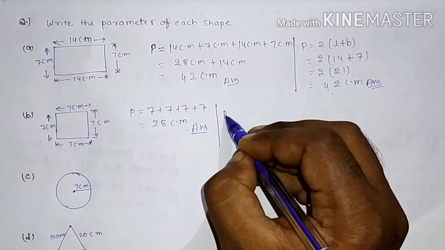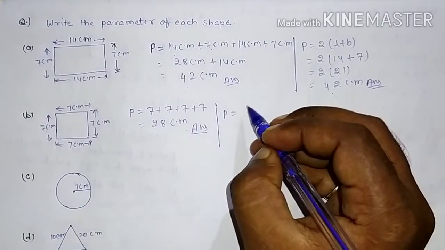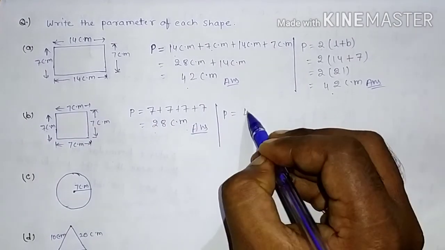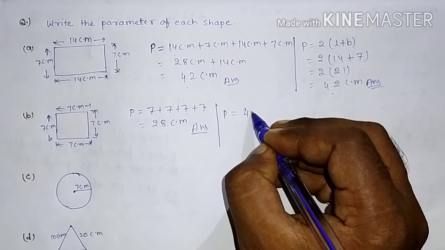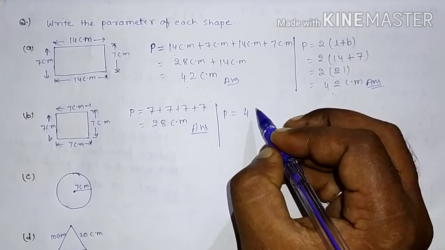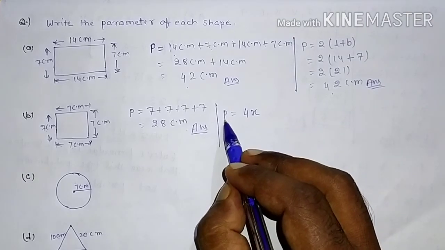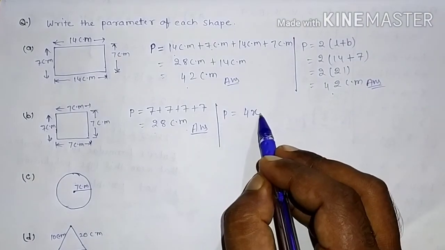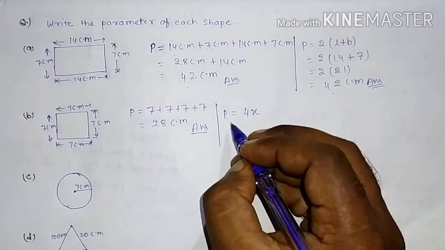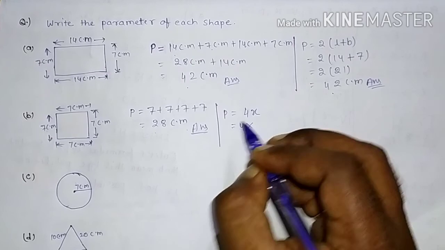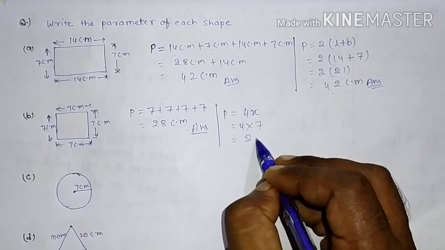So we know that the formula of perimeter of a square is, there are 4 sides, so 4 multiplied by 1 side, let's suppose the side is x centimeter. The formula will be perimeter equals 4x, where x is the side of the square. So just put the value, 4 into side of square is 7. So 4 sevens are 28 centimeter.